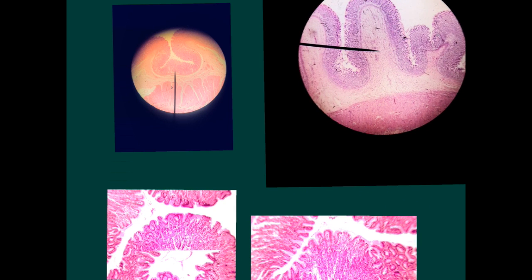Again, in this slide, you will notice the same features. We have the narrow pits, which are the ducts of the glands, and they are forming 1/4 or 1/3 of the mucosa, which is highly folded, and then the submucosa and the muscle.